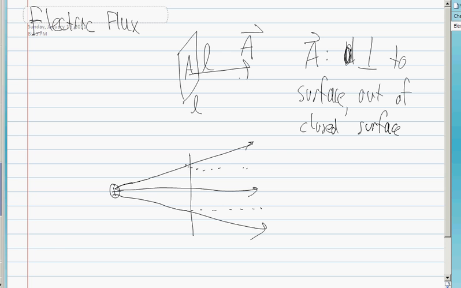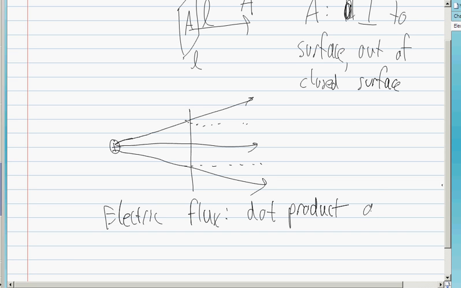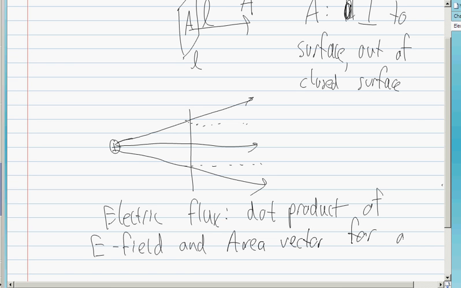Okay. So we're going to define something called electric flux. And that's going to be the dot product, so it's going to be a vector product of the electric field and the area vector for a closed surface.